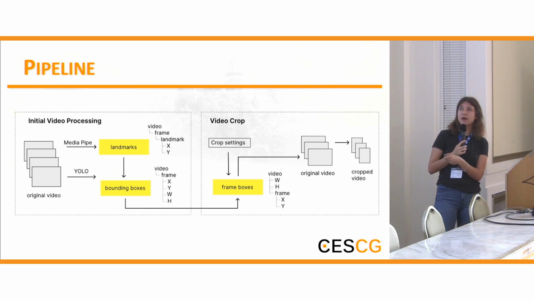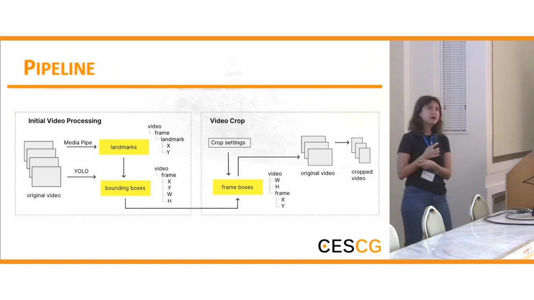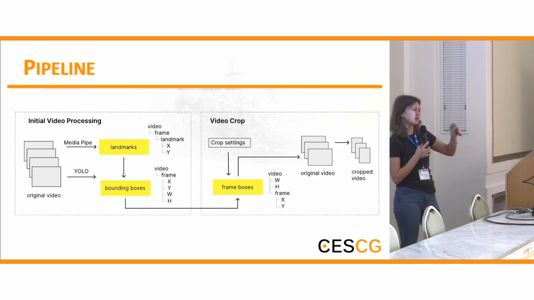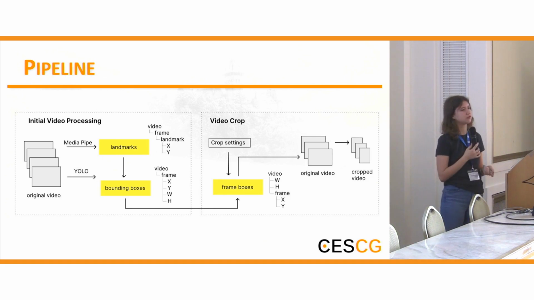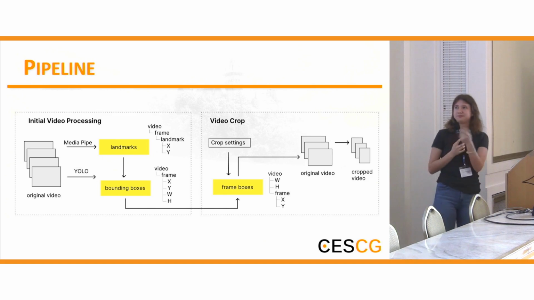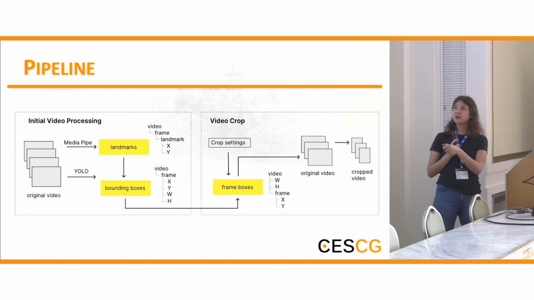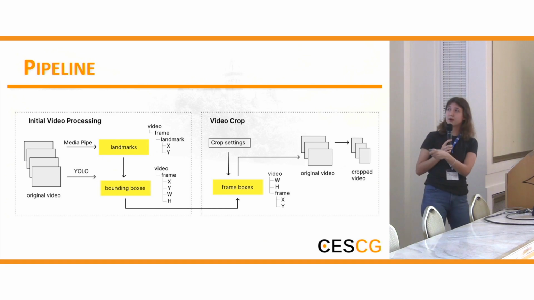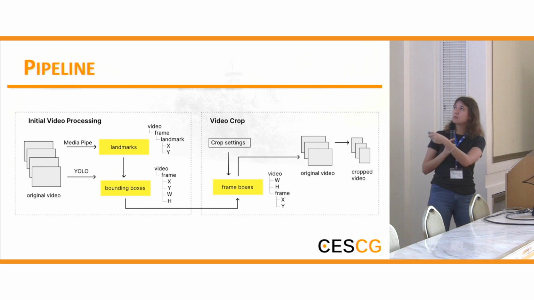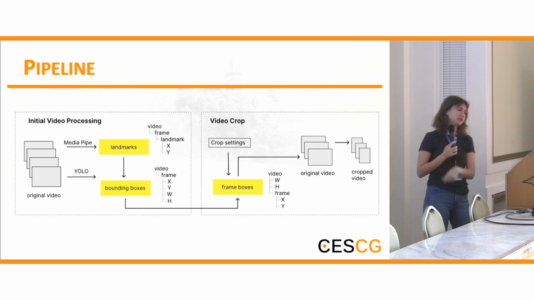For the frame, I set up the top X and Y coordinates in such a way that the bounding box is perfectly centered in the frame. So it's also not hard to do, just center it and calculate the top coordinates. And based on the crop settings, I calculate the frame box, and then I apply it to the original video, and I receive the cropped video.